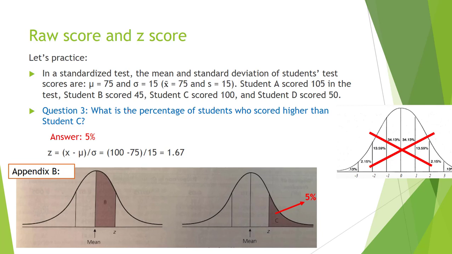One is the area between the mean and the z, which will be here, area B. And then the table also gives you the area beyond z. Z is here. Beyond means to the right-hand side. So your table in the textbook tells you the percentage that represents area B, and the percentage that represents area C.